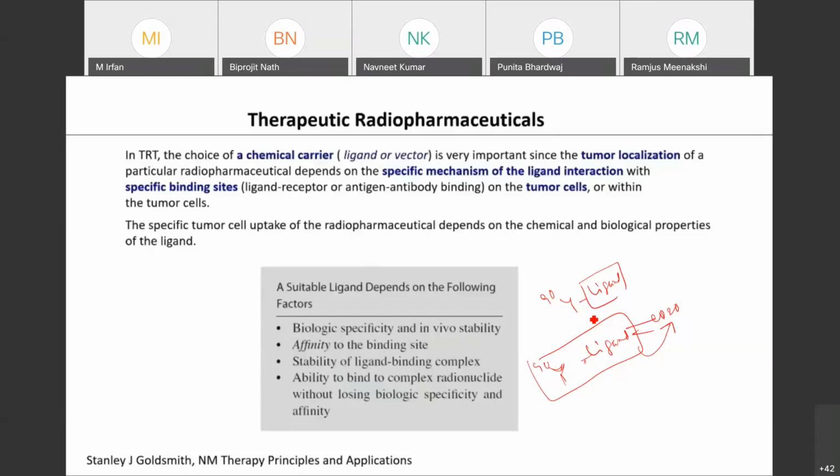So we must not use those ligands which lose their specificity after radioligation. Only those ligands we have to use which are stable even after radiolabeling. Those carrier molecules we'll be using for therapy are stable even after radiolabeling too. And these are some properties which should be kept in mind while we go and radiolabel these things with a given radionuclide.